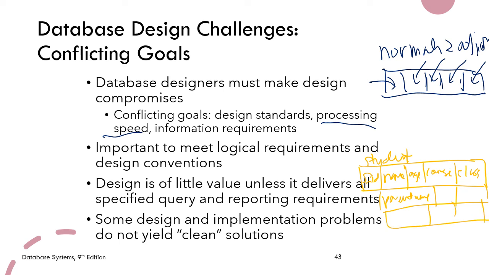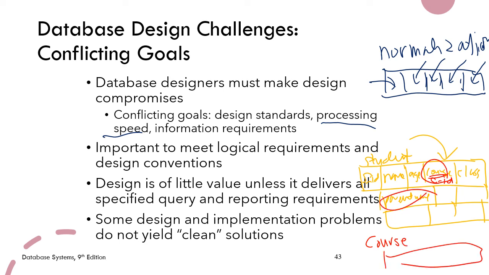This is what I meant. You put every attribute without considering the actual entities. You put everything in one table. Actually, the course does not belong here. It should be replaced by course ID only, but not the course name. It should be in a course table. Parent should not be here either.